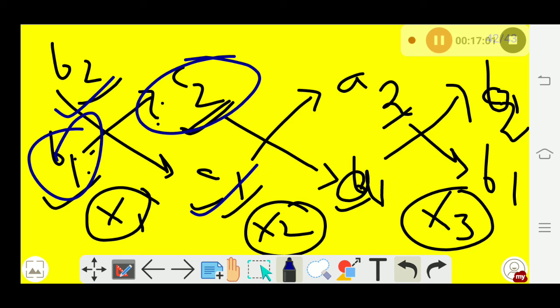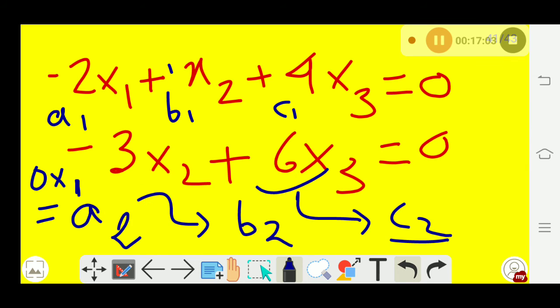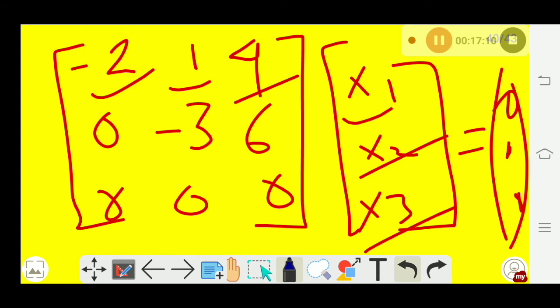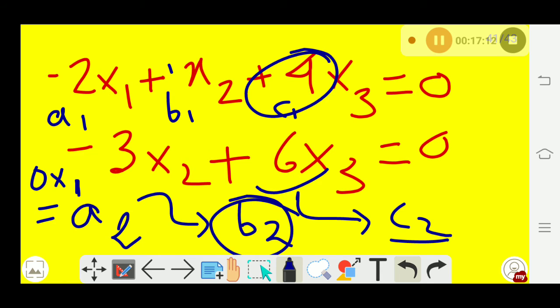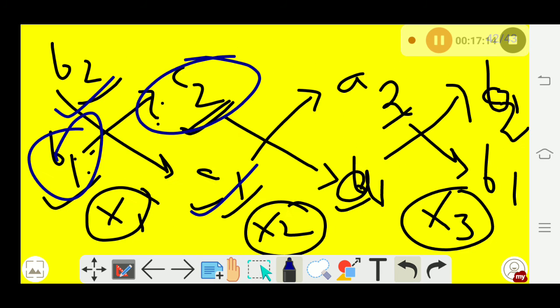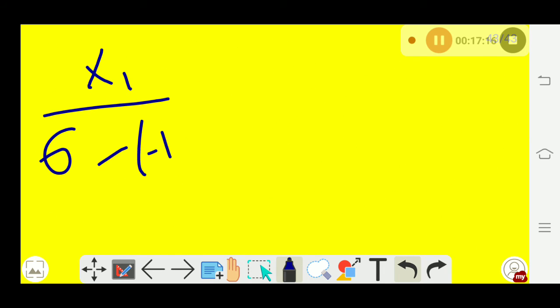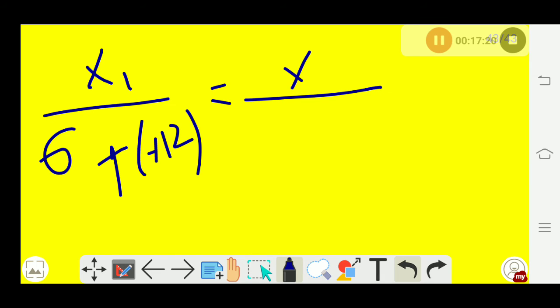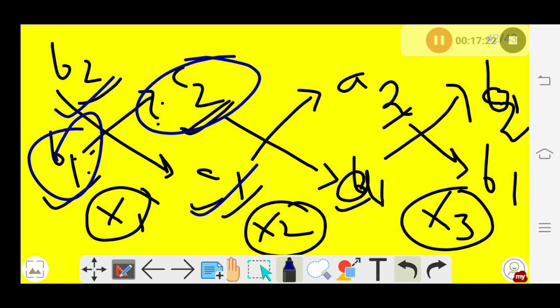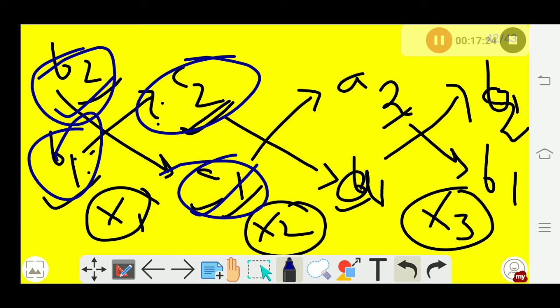Yeah, x1 and b2 into c1, b2 into c1, so it is minus 12, minus 12, that makes it plus, equals to x2. c.